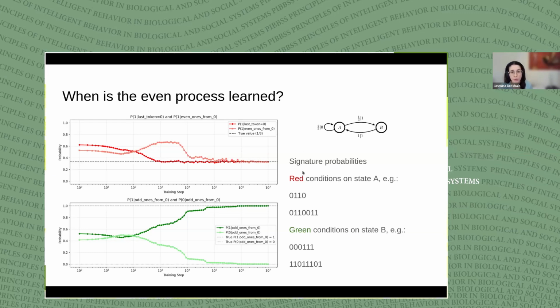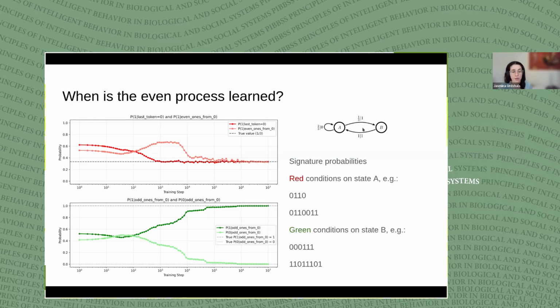And they're related to signature probabilities of this process here, which is defined in terms of two states, A and B. State A is associated with two different transitions, 0 and 1, and state B is importantly associated with a single transition, meaning that this process can never actually have emissions of single strings, of single numbers of ones.